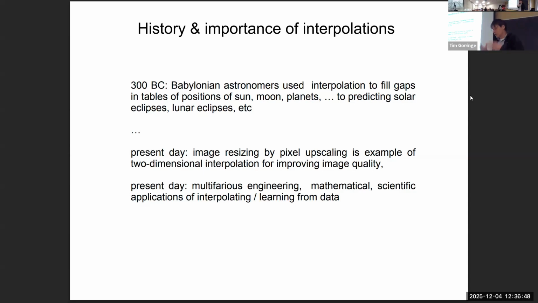So that's a specific example of interpolation in 2 dimensions. Present day engineering, science, math, and medicine rely on machine learning for so many things. So it's a very important topic.